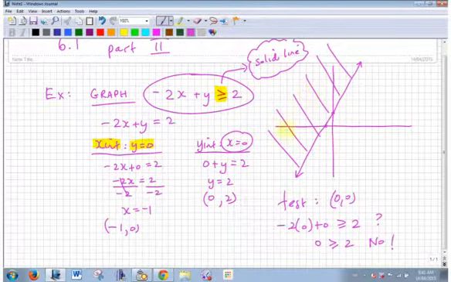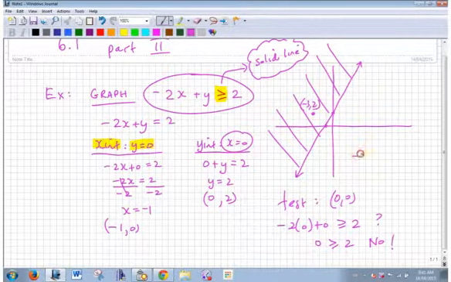Should I check one of these points just to make sure? Okay, let's check that point. That's supposed to be in the solution area, so it better work if I plug it in here. What's the coordinates of that? -3 and 2. So x is -3.